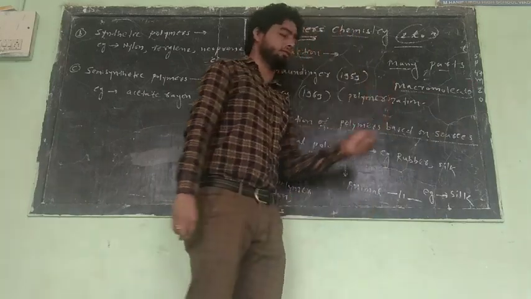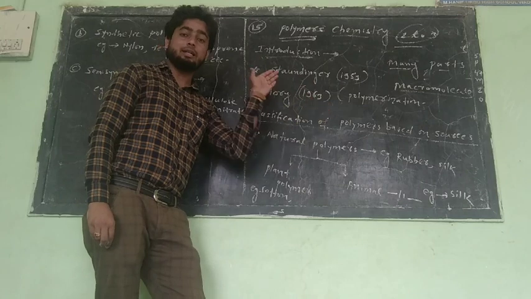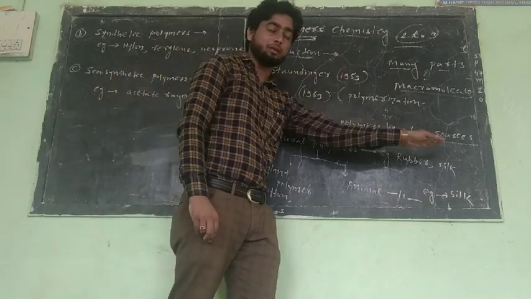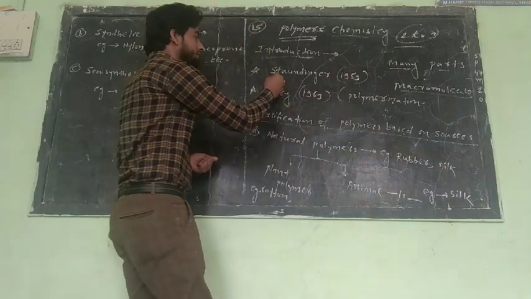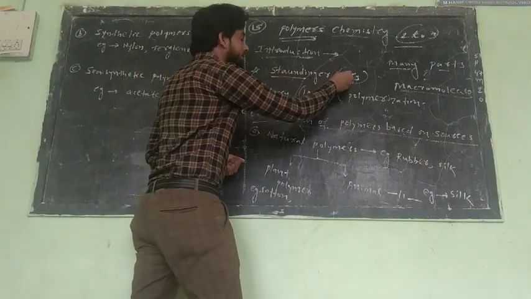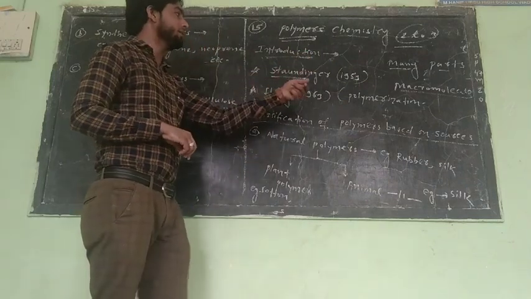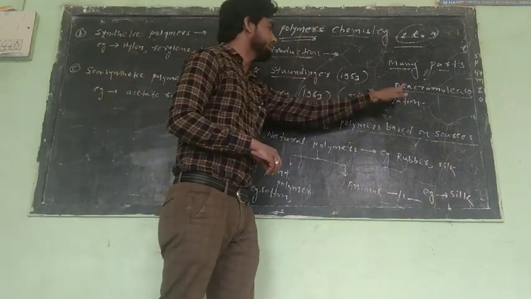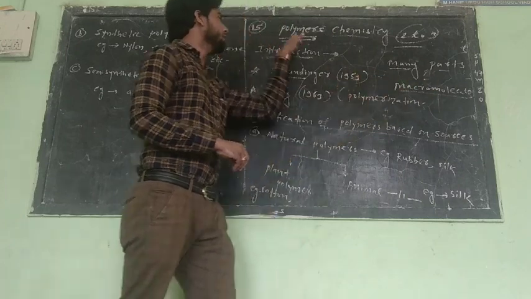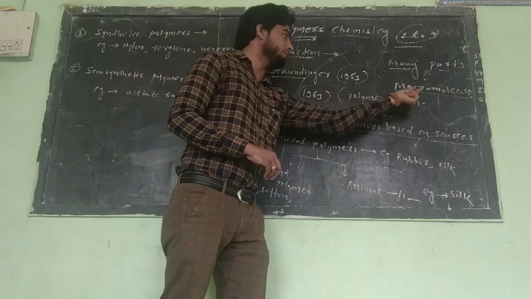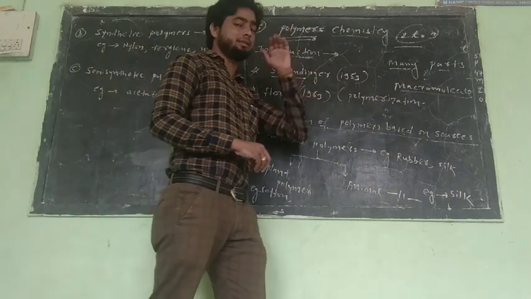Macro means large. The scientist Staudinger in 1953 received a Nobel Prize for discovering that the polymer is also called a macromolecule. He was the first to give the polymer the name macromolecule.